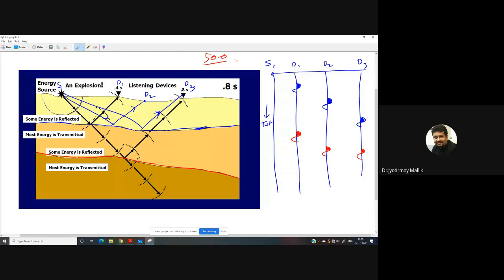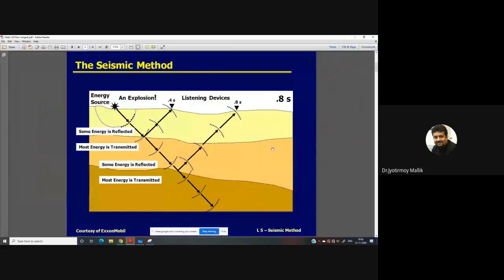Now what I can do is essentially add these to get a length versus two-way time picture. So that is exactly what you are looking at here.